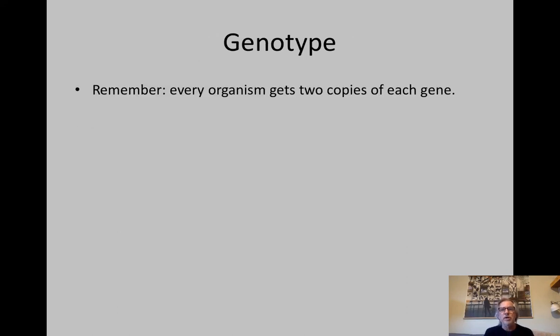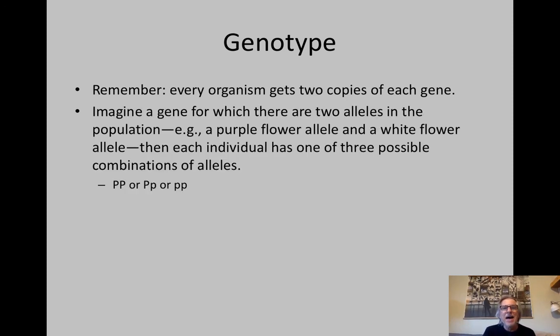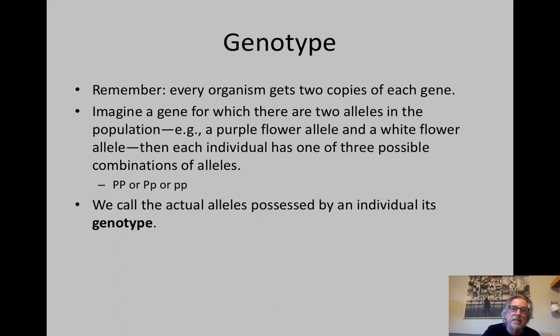You know that every organism gets 2 copies of each gene, one from its mother, one from its father. Imagine a gene for which there are 2 alleles, and we're going to use the purple flower allele and the white flower allele again. Then each individual in the population has one of 3 possible combinations of alleles. They could have the big P allele and the big P allele, the big P allele and the little p allele, or the little p allele and the little p allele. So they have one of 3 possible combinations.